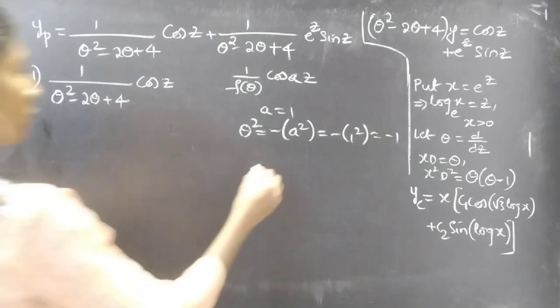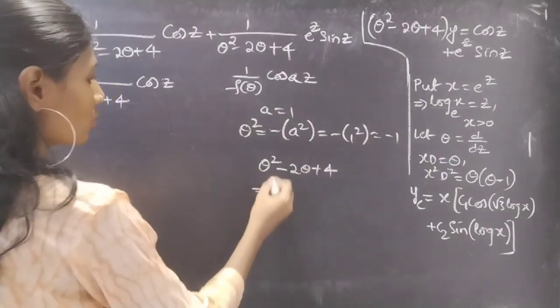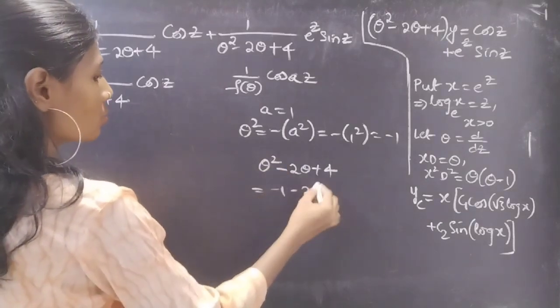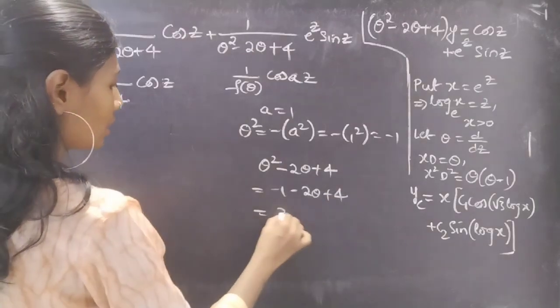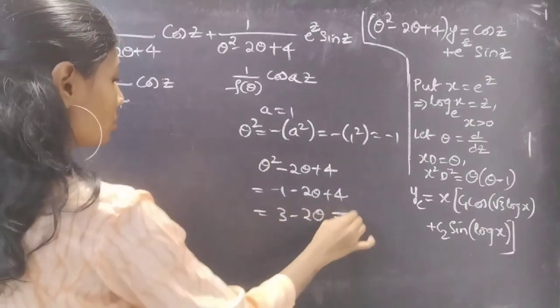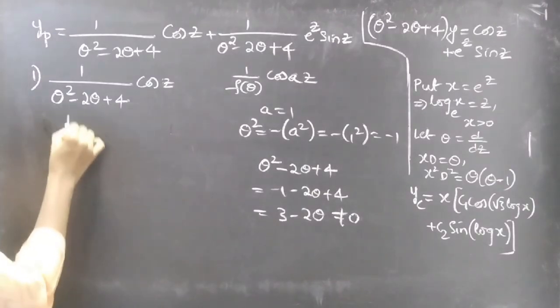So always remember that the denominator must be non-zero. I'm going to check the denominator by replacing theta square by minus 1. We'll get minus 1 minus 2 theta plus 4, which equals minus 1 plus 4 is 3 minus 2 theta, which is non-zero. So we can replace theta square by minus 1 in the denominator.